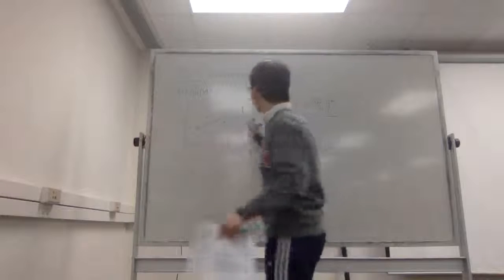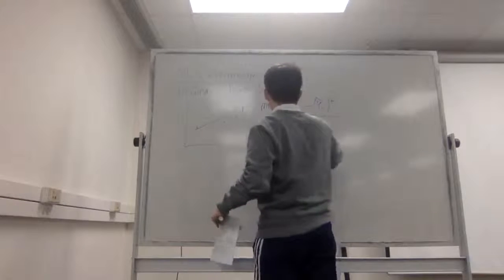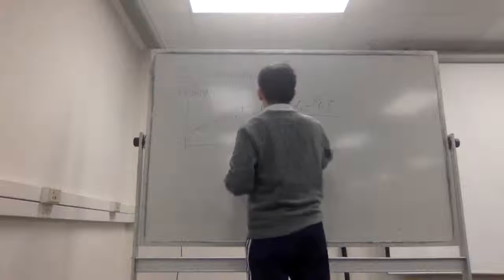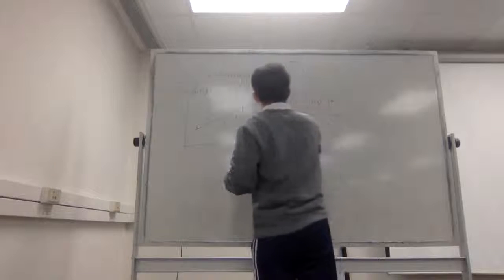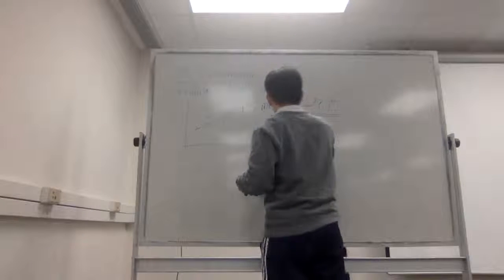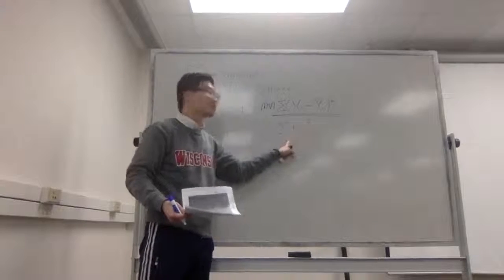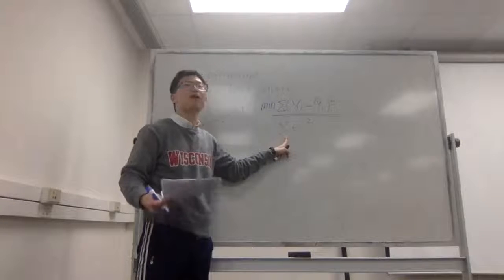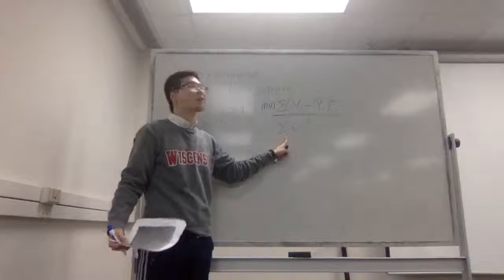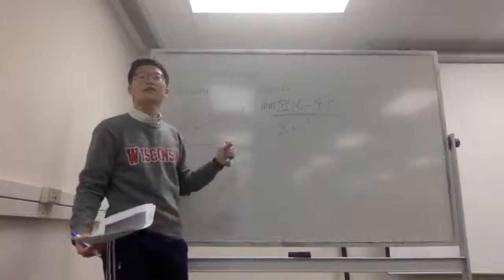Okay, so basically this residual squared and then you just sum all of them. Okay? Does that make sense?